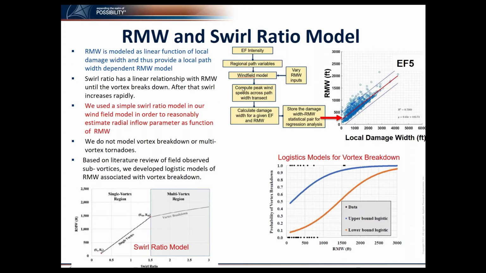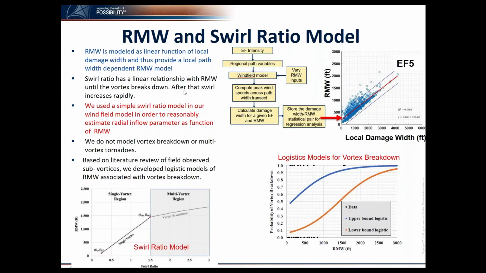Basically we used our model to simulate tornadoes with variable RMW inputs, and from that model we extract the maximum damage width and create a relationship between RMW and local damage width.